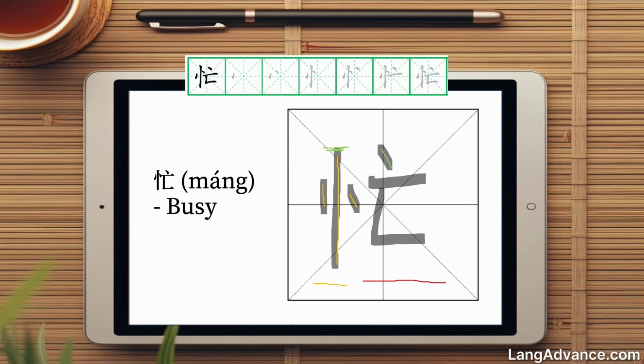And our horizontal line must not exceed the starting point of our mini vertical line. And finally, we have the L-like shape. As long as the ending stroke does not exceed the top part, it should be fine.